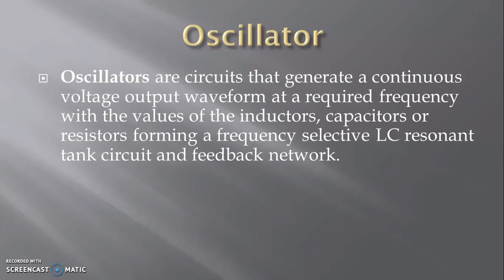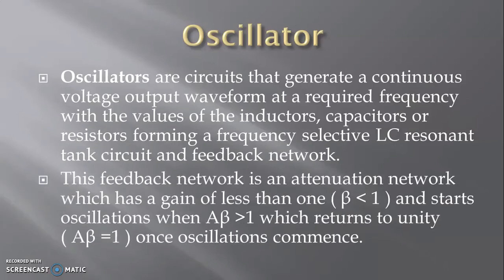Oscillators are circuits that generate a continuous voltage output waveform at a required frequency, with the values of the inductor, capacitor or resistors forming a frequency selective LC resonant tank circuit and feedback network. This feedback network is an attenuation network which has a gain or feedback factor less than 1.